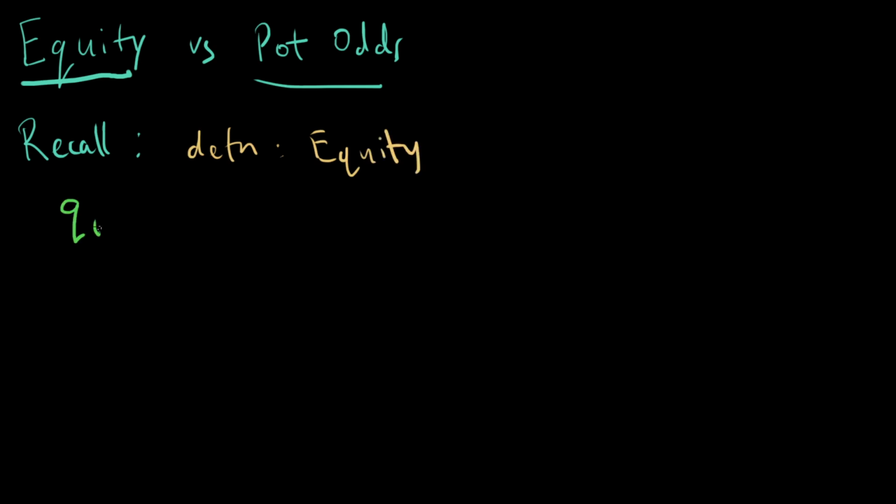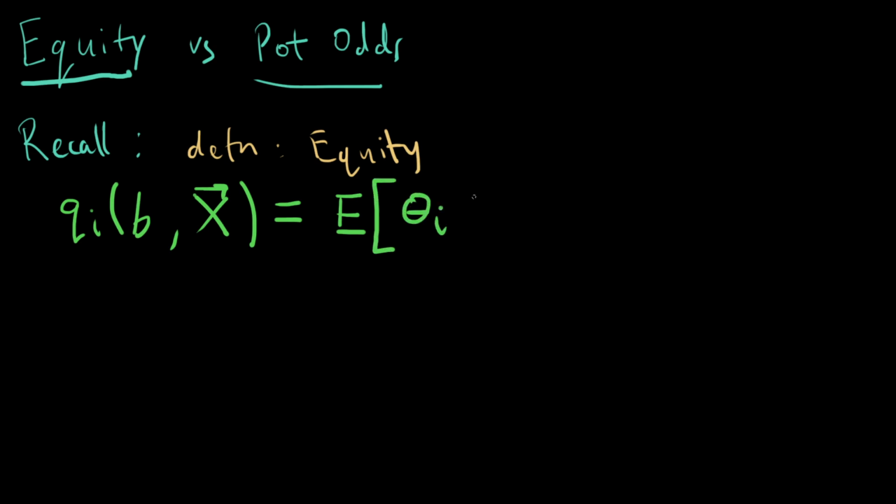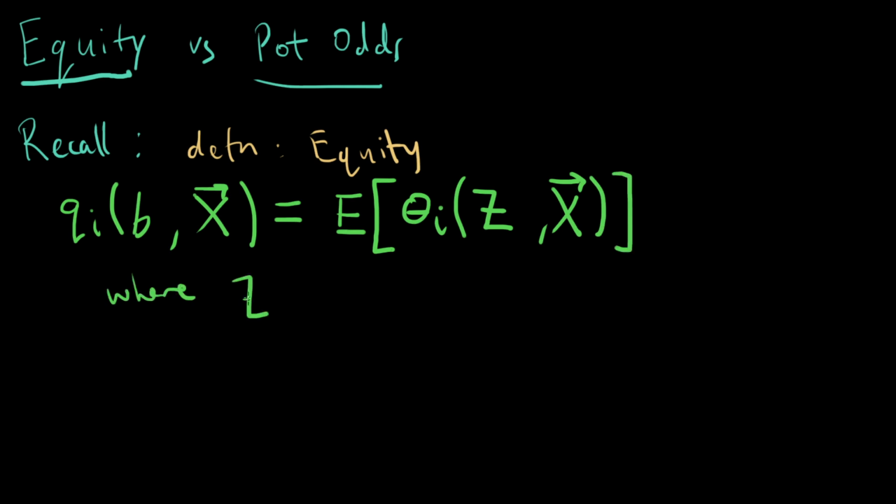The equity Q_i for player i, given the board B and the random variable vector X, which represents the hands of all the players, is simply the expected value of the showdown function for player i with the random variable Z, taking that particular random vector X for the hand ranges, where Z is the random variable uniform on R_B, the runouts, all the possible runouts.